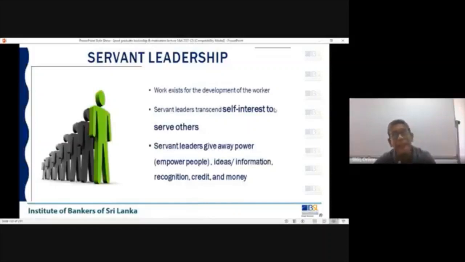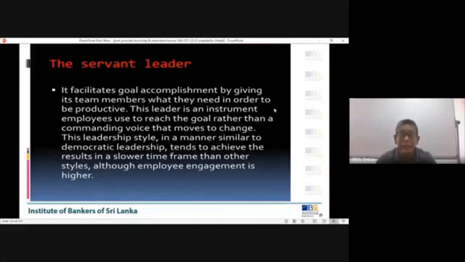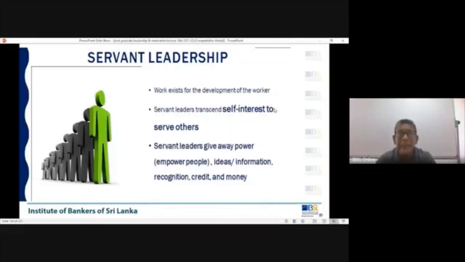Then there is another leadership style, sometimes called servant leadership. What this leadership style is saying is that the work exists for the development of the worker.